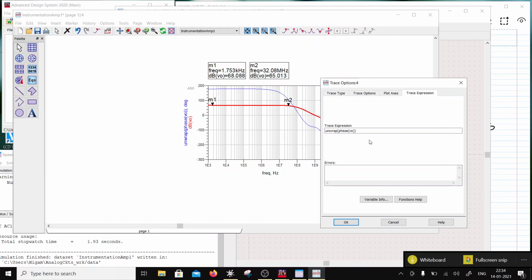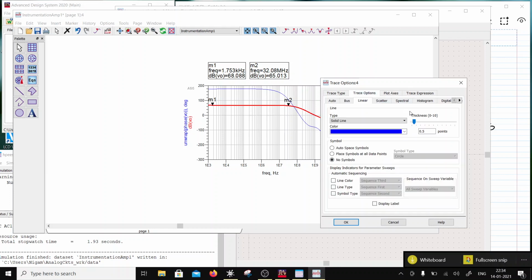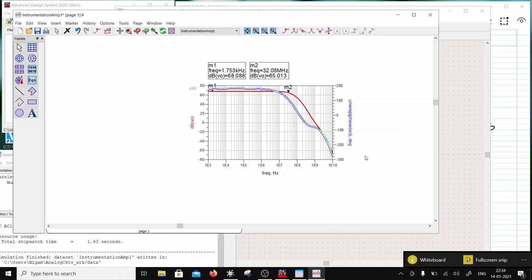So let's put it on the right-hand side axis, and I will still try to find out what is happening at zero crossover. Okay, so this is 180 degrees. This rolls off at the zero crossing.